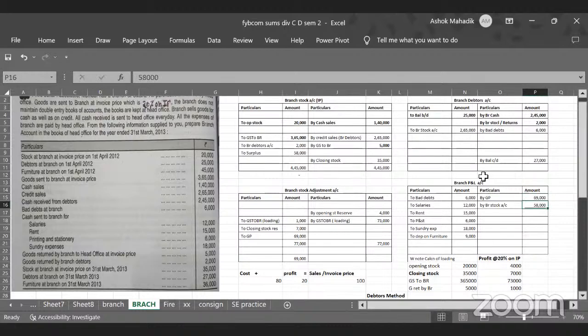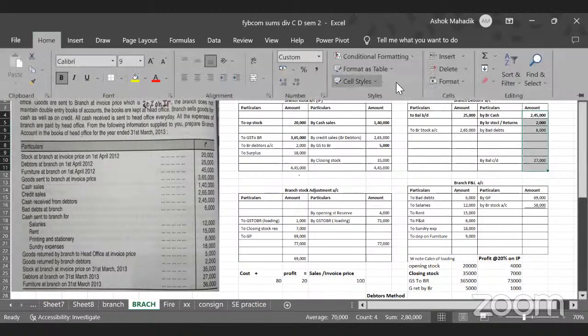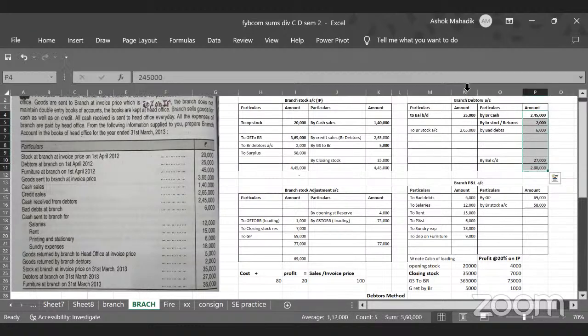Now we'll close debtors account. Let us see. Total is 280,000. Let us see the debit side total. Like 90,000. So there is a shortage on the credit side.